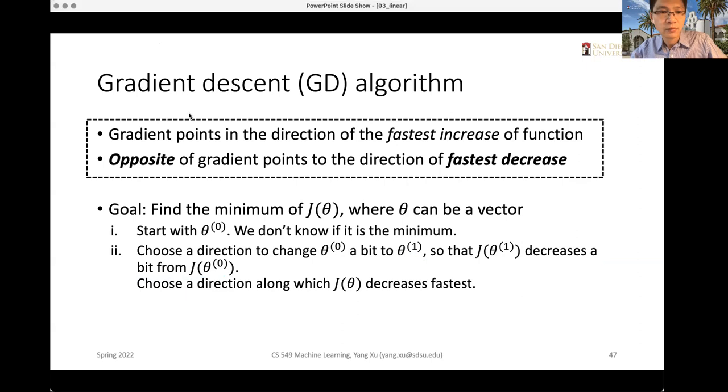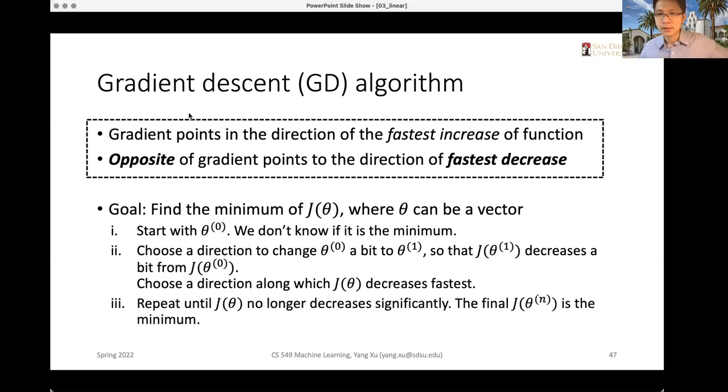All right, and we will repeat the second step until the cost function no longer decreases significantly, and it stops at or is very close to an area in which the cost function doesn't change too much, and has a very small value.